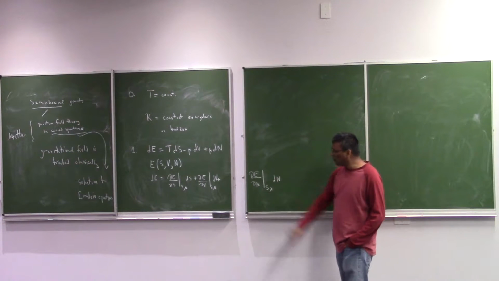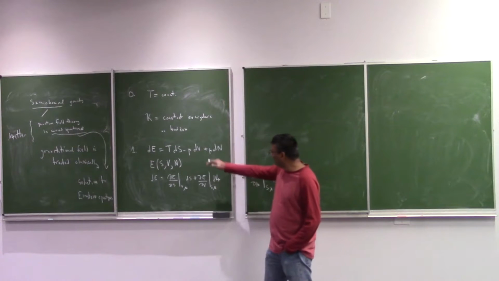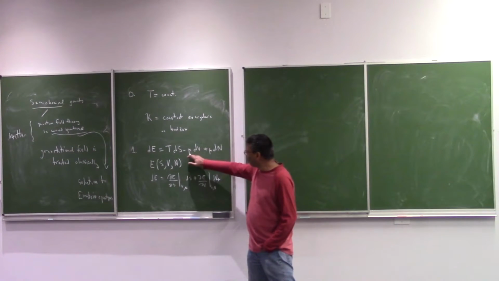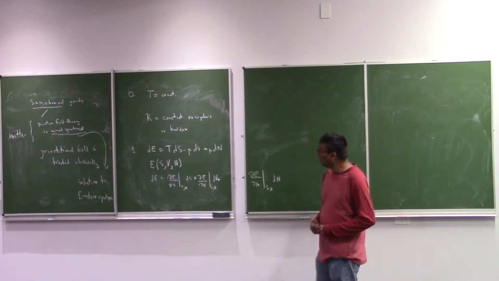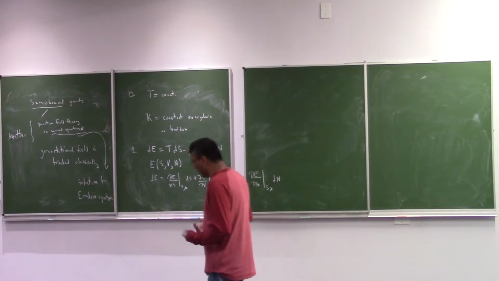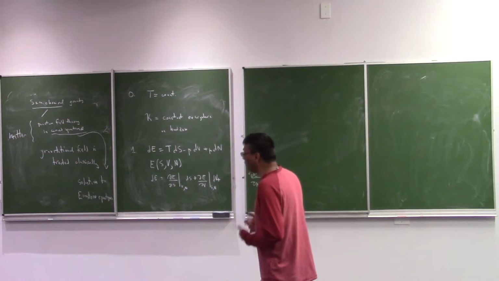Differentiating the state function with respect to the variables that define it gives us the temperature, the pressure, and the chemical potential. It turns out that black holes have a similar state function which describes the area.